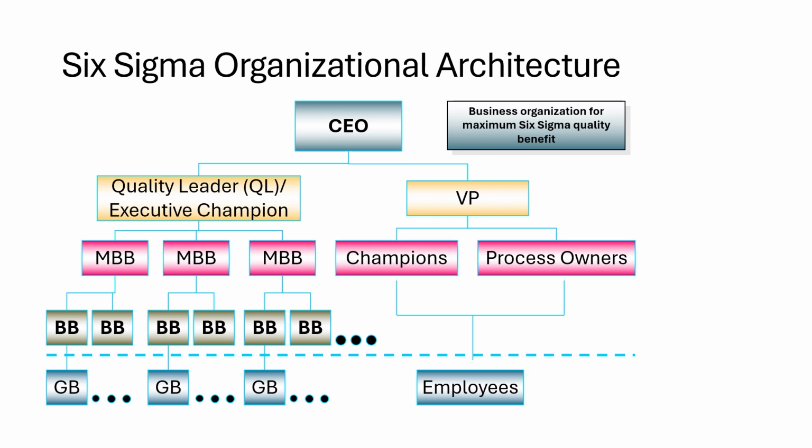And then you have the VP. So when it comes to the quality leader or executive champion, you have your master black belts. That's the highest level in the world of Lean Six Sigma certification. So right now everyone's in the white belt course. It may not feel like it, but it's a very elementary, foundational level of Lean Six Sigma, just so you appreciate it.